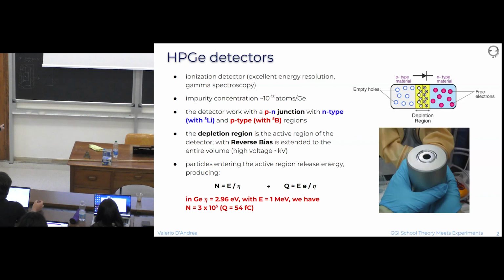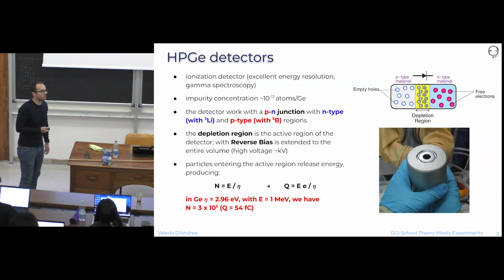So this is the working principle, in few words, of a germanium detector. We use a high voltage of the order of a kilovolt to have the so-called depletion region more or less of the size of the germanium itself.